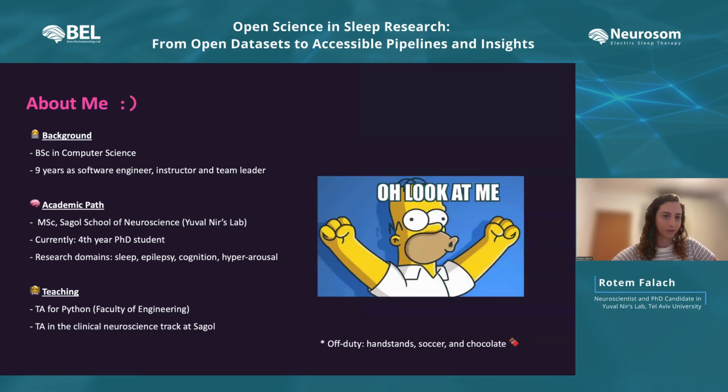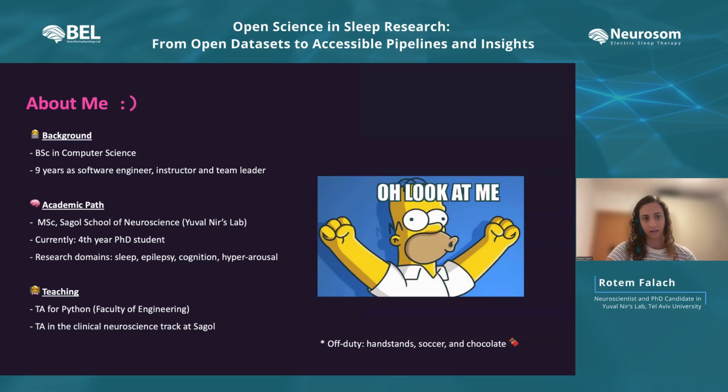So a bit about me before we dive in. My background is I did my bachelor's in computer science and I have 9 years of experience as a software engineer, also as an instructor, and for some periods also a team leader. At some point, I tried to find more interesting stuff to deal with, and I started a master's degree in neuroscience at the lab.